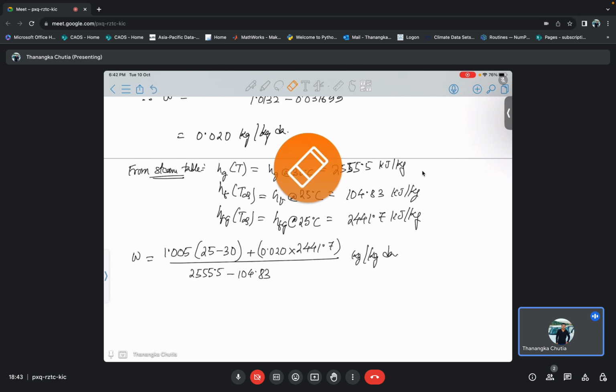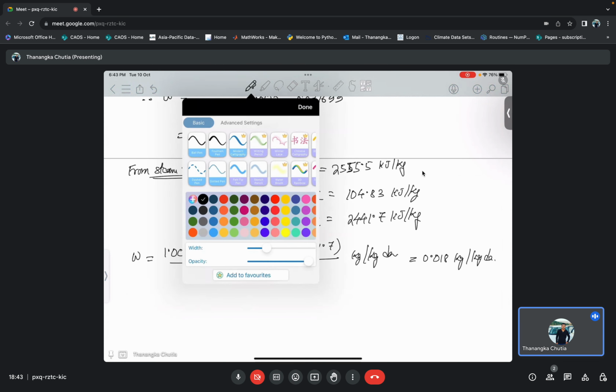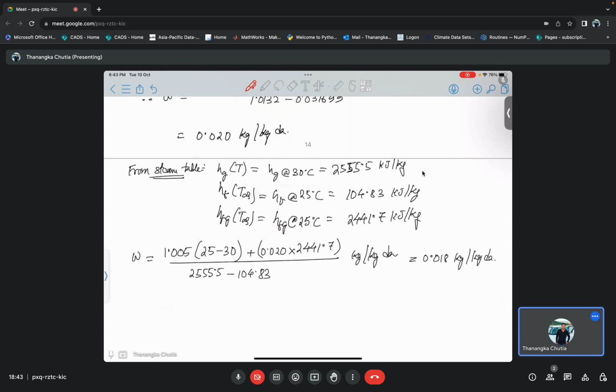So you'll get this one as 0.018 kg per kg of dry air. So this is the specific humidity of the sample.